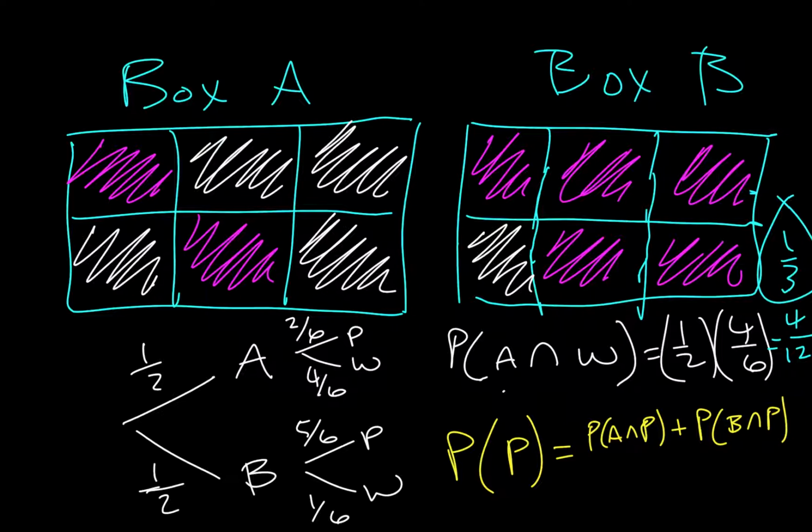The probability of A and being purple is 1/2 to get into A, and then purple would be 2/6. And the probability of getting into B is 1/2, and the probability of being purple in there is 5/6.